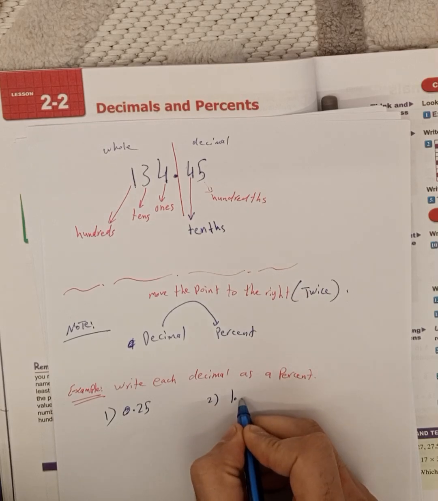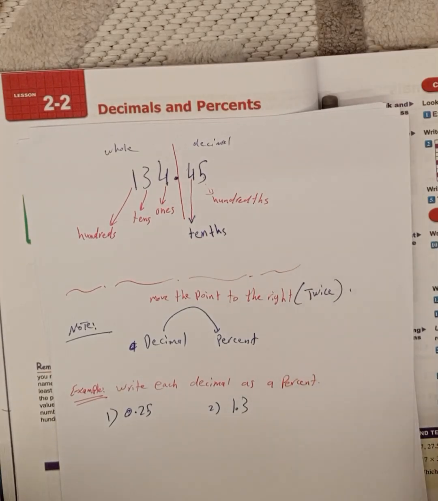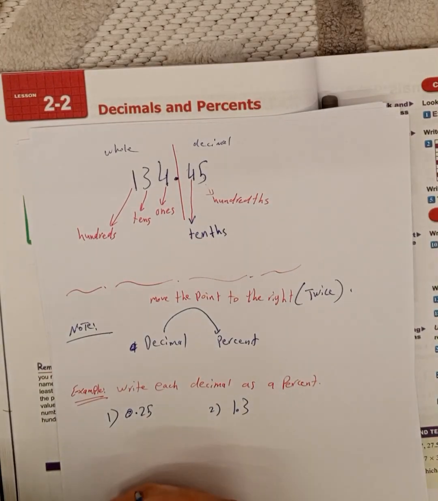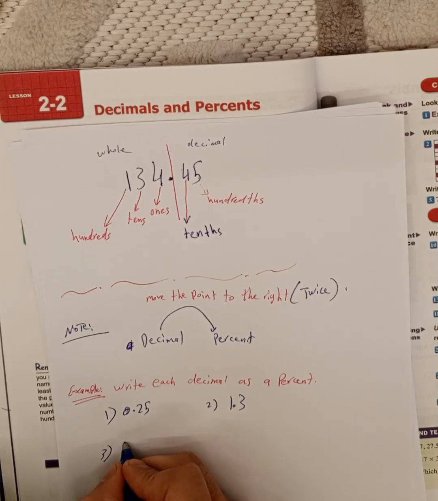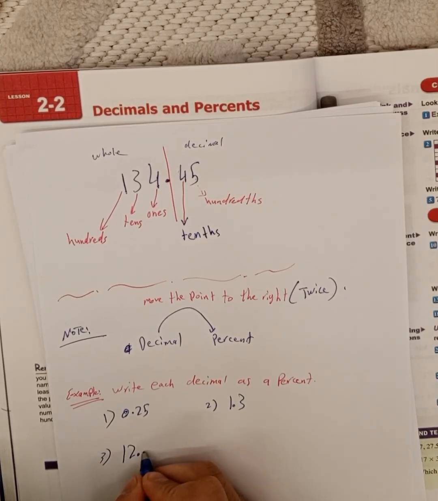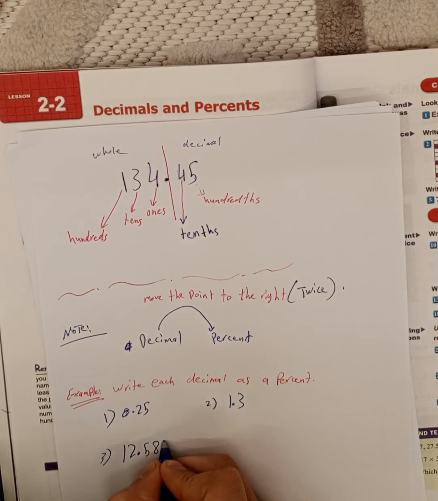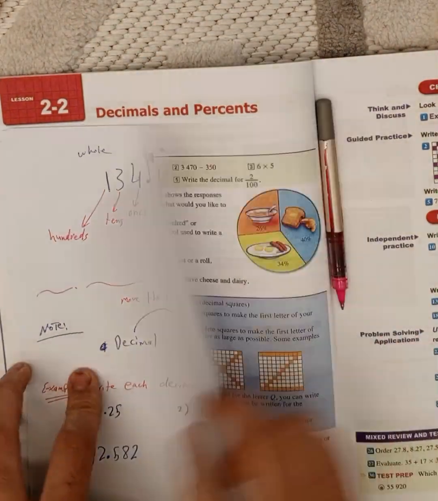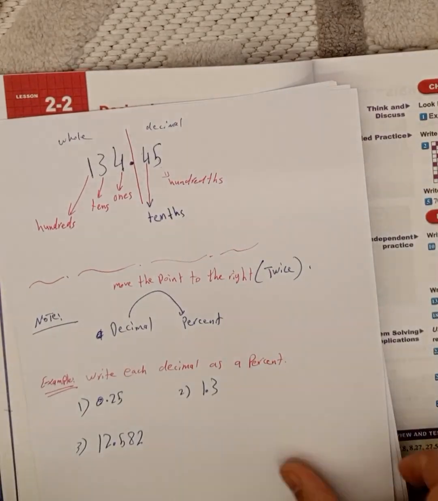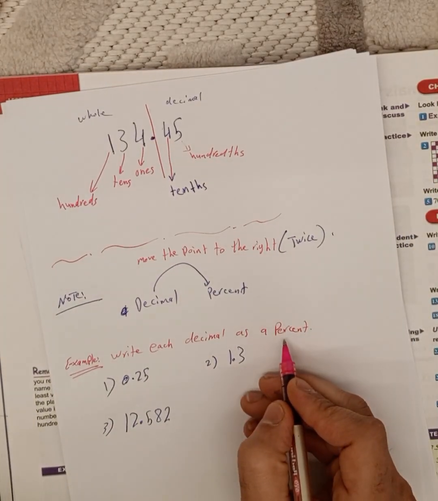Example 2, 1 and 3 tenths. And example 3, 12 and 582 thousandths. So we have these three decimals, how to change them to percents.